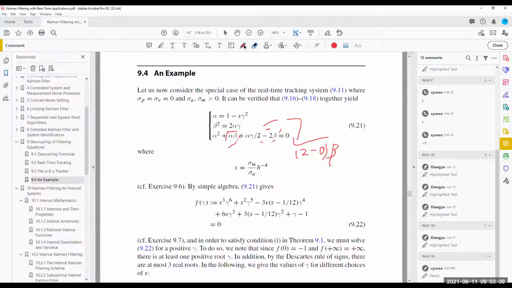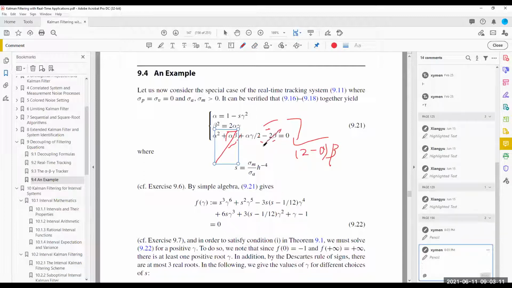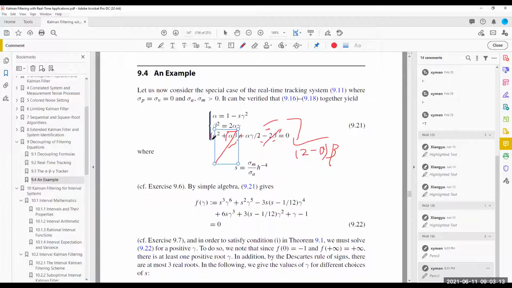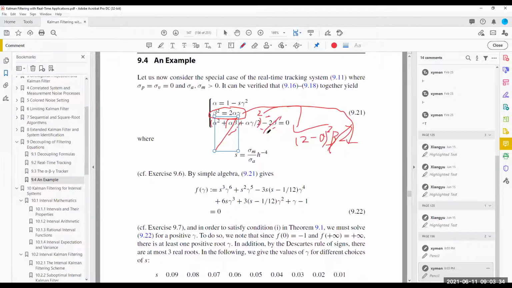If we remove these two terms, then we can take a square on both sides. Then you can replace beta square by 2 alpha gamma, then replace alpha by 1 minus s gamma square.